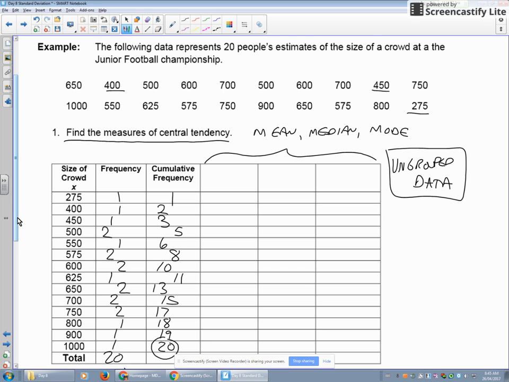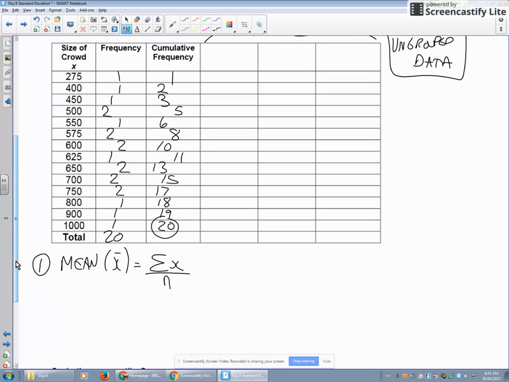Obviously, we haven't surveyed the entire population, so this is going to be a sample size. So our formula is x bar, the summation of x over the number that we've sampled.